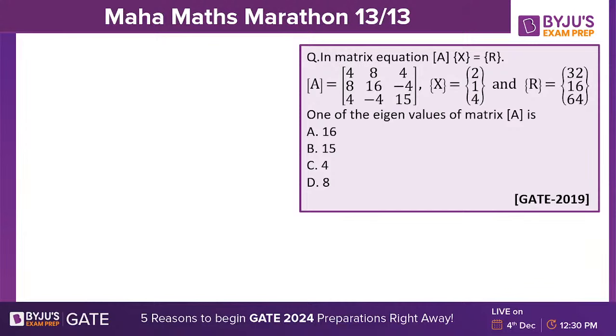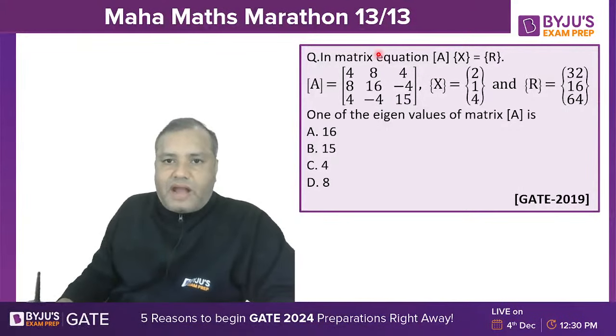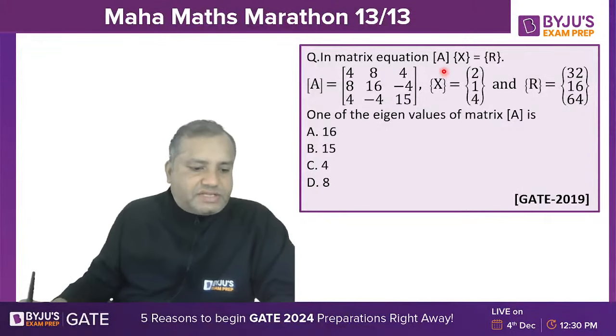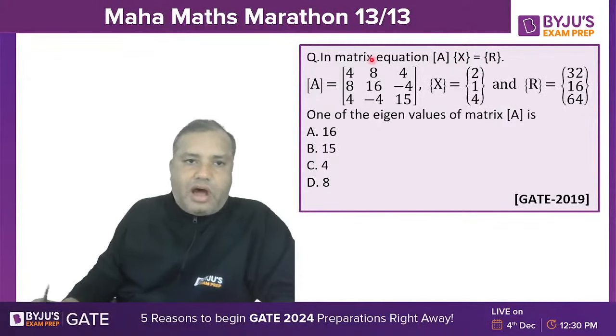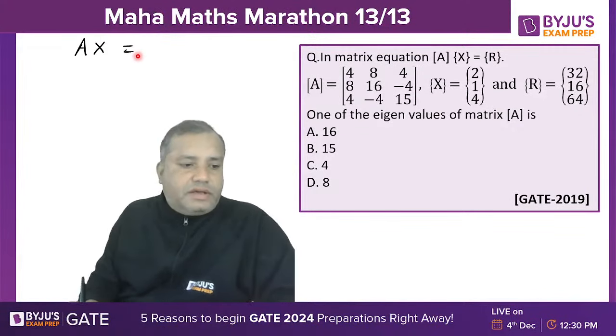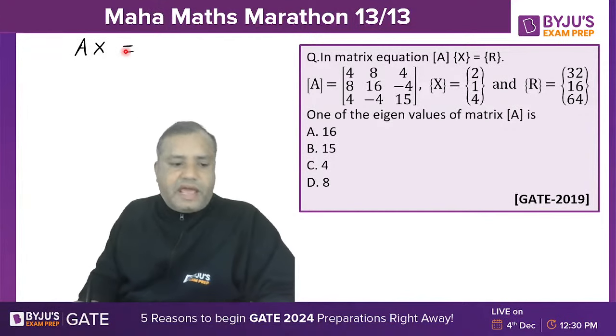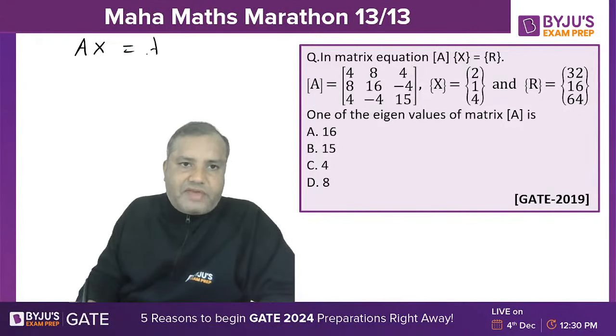हाँ जी, ax equal to r. In the matrix equation, ax equal to r. But we have learned by the concept of invariant vector, what we have learned? Ax equal to lambda x. याद है क्या आपको?